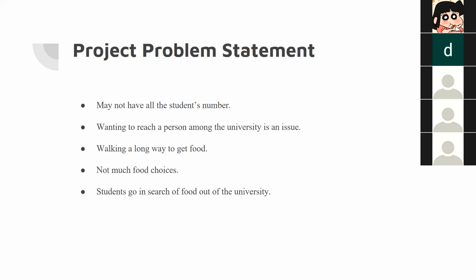Using conventional methods, students must go all the way up to the 7th floor where the pantry is located and the food choices are limited. That caused the students to go in search of food out of UniMy. Therefore, UniMy's social networking website is developed to help UniMy students to find, purchase, and get their food without having to walk up and down. It is overall designed to facilitate students', lecturers', and management's day-to-day experience.